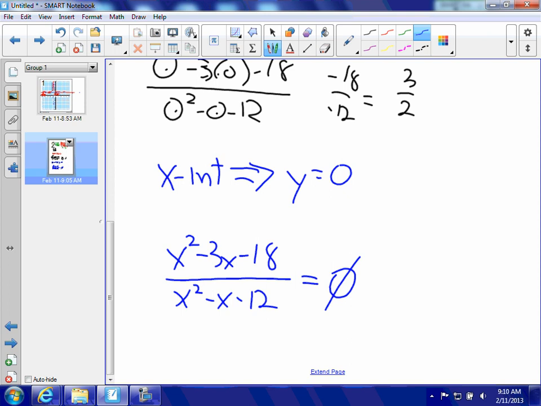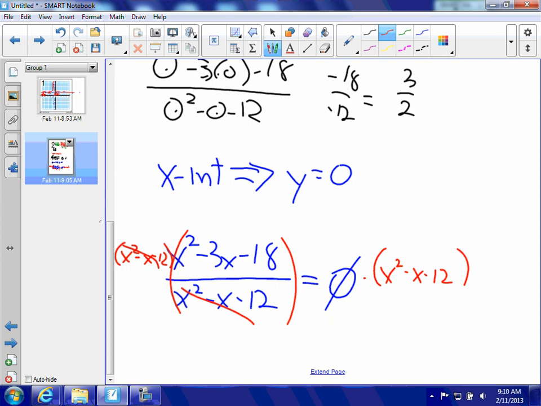If I have a fraction and it's equal to 0, all I'm really concerned about is whether the numerator is going to be equal to 0. I just need to set the numerator equal to 0. And the reason is this. If I multiply both sides by x squared minus x minus 12, which is my denominator here, I will be able to cancel out my denominator.